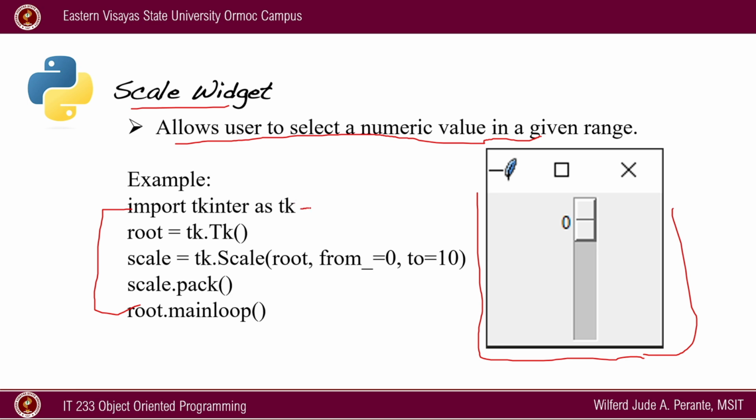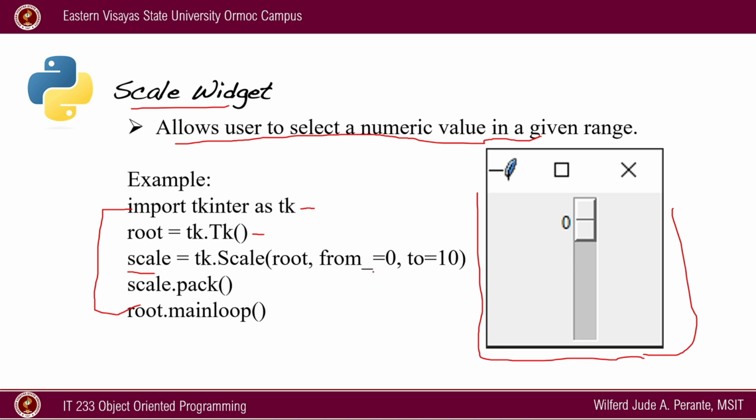So now we're going to import our TKinter library using this first statement. So the second line, again, we create our main window of the TKinter application. Then the scale is equal to scale root from 1 to 10.